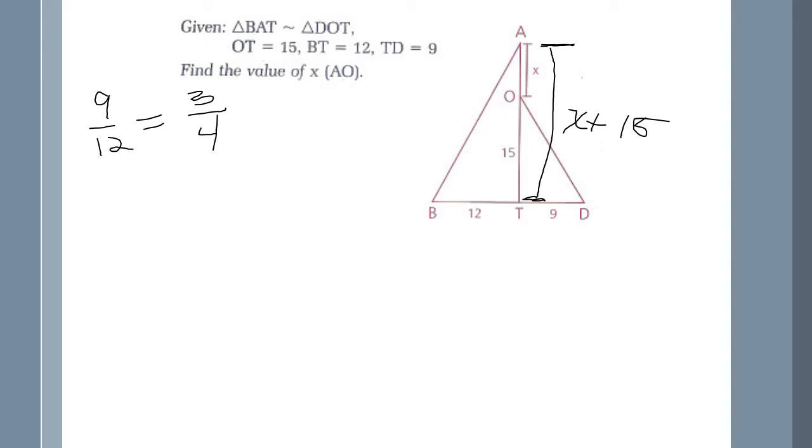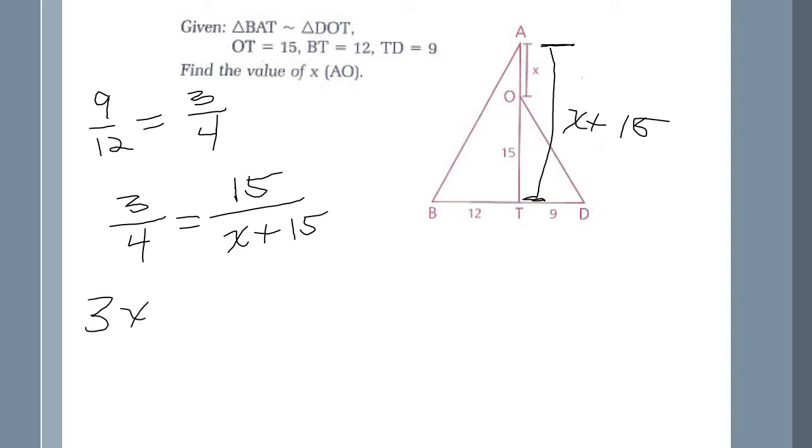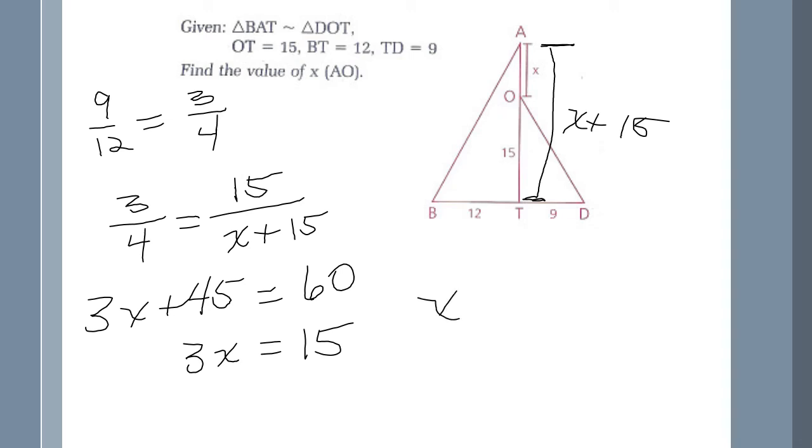Now we know that 3 over 4 equals 15 over x plus 15. Cross multiplying, I end up with 3x plus 45 equal to 60. So 3x would equal 15, therefore x is equal to 5.